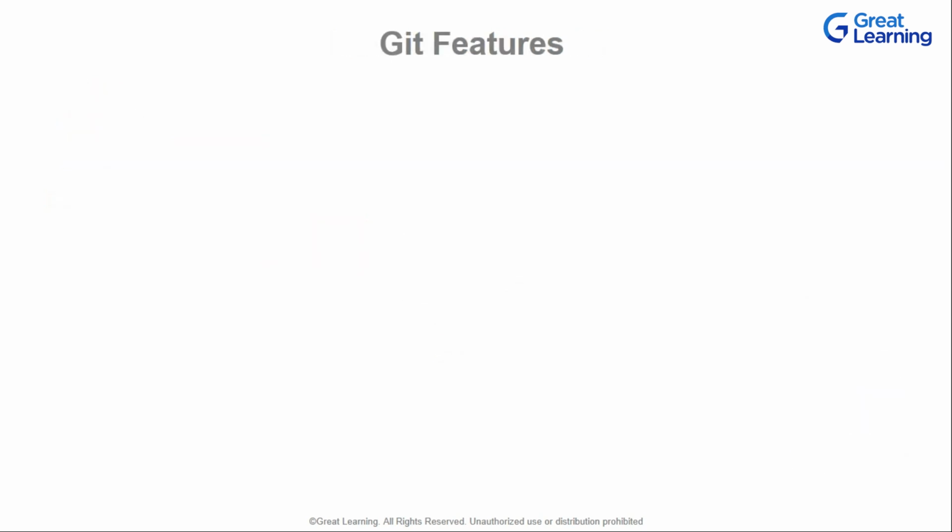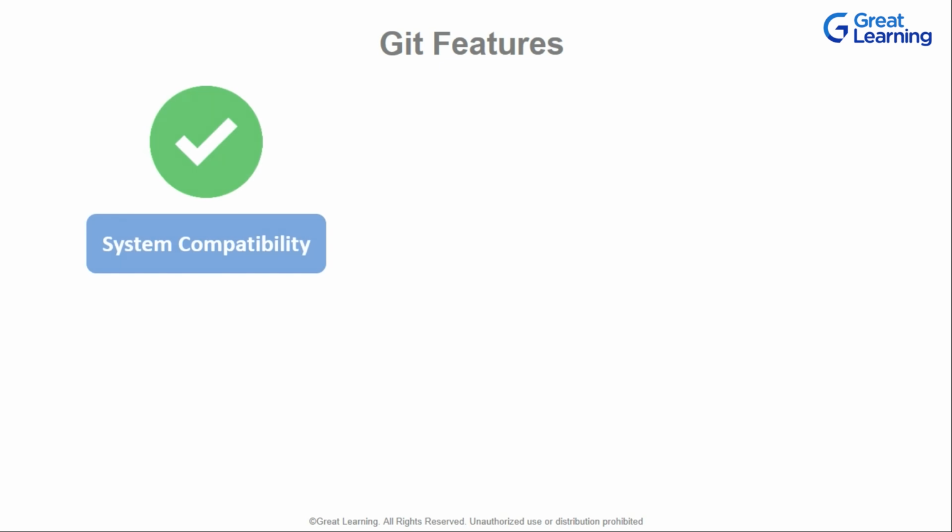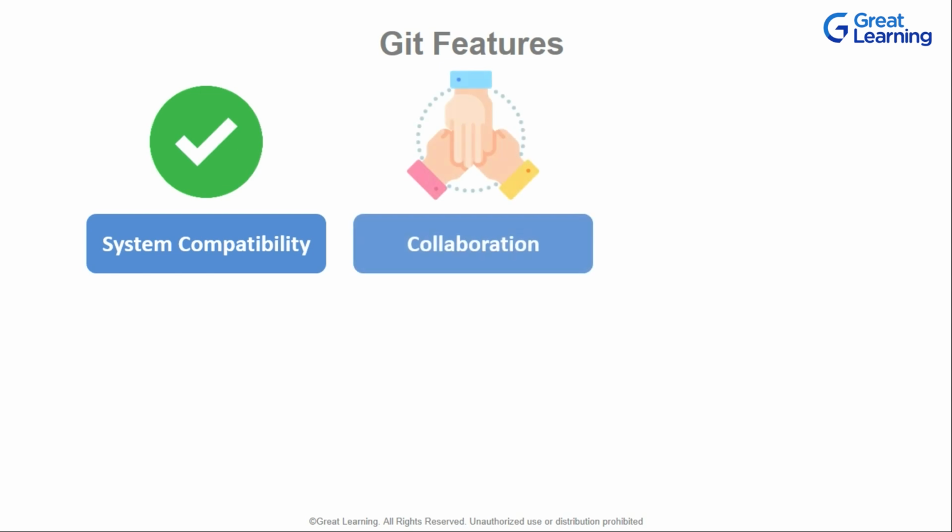If you talk about a few features of Git, you have system compatibility. Git works with a lot of different systems. If you want to use Git without GitHub, with some other cloud-based storage place, you can do that. It's highly collaborative. As we discussed so far, you can work with a lot of different developers together on this.